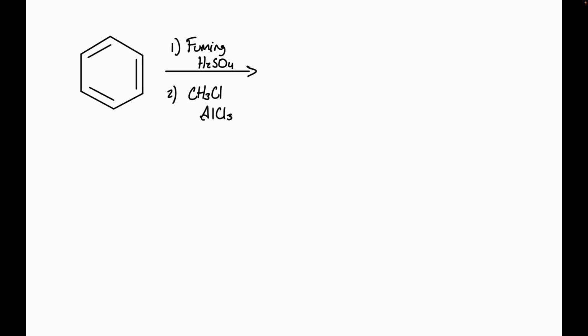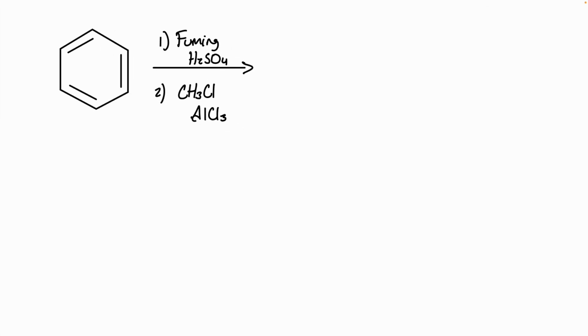All right, if we look at this first one first, let's break it up into these two steps. After step one, my sulfonation reaction, I'll have put that SO3H group on the ring.